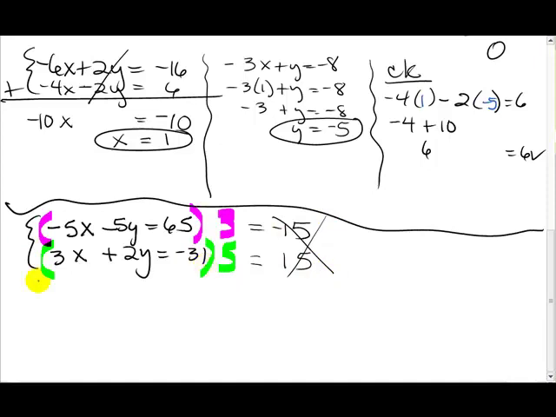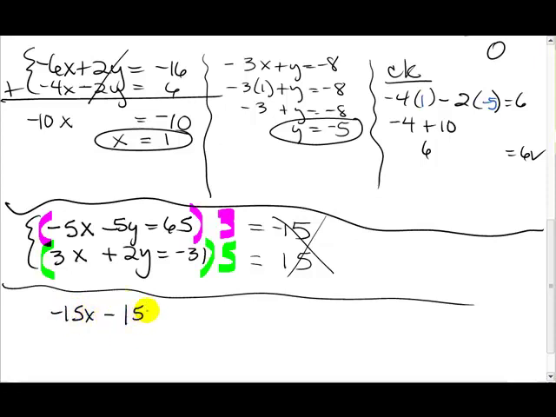So let me rewrite this. I'm going to do the multiplying. I'll have negative 15x minus 15y equals, and then 65 times 3 is 195. 5 times 3x, 5 times 2y, 5 times a negative 31, and here are my new equations.